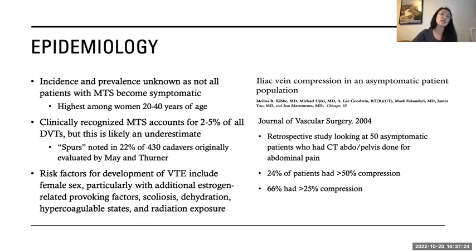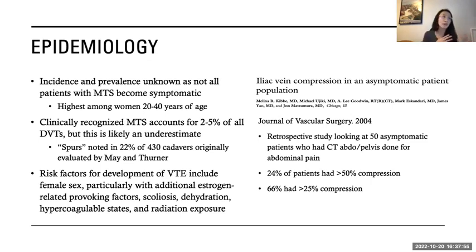However, development of thrombotic MTS or DVT in MTS is related to very similar risk factors as the DVT risk factors that we already know. So female sex with additional estrogen-related provoking factors, so the pregnancy period and OCPs, scoliosis, because they think it probably shifts the spine a little bit, it can result in increased compression of that iliac vein, dehydration, hypercoagulable states, and radiation exposure.